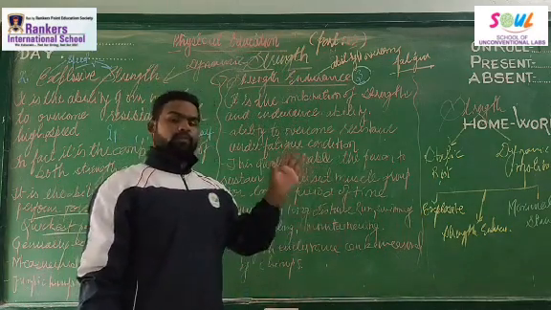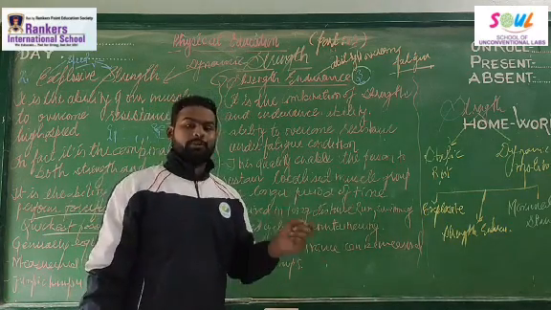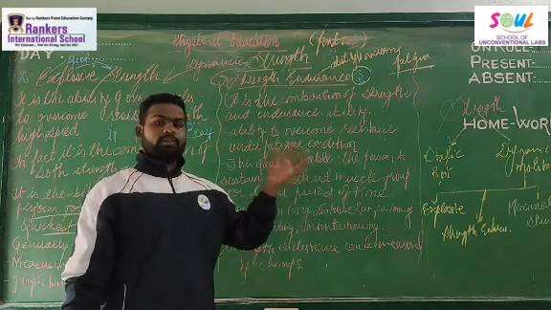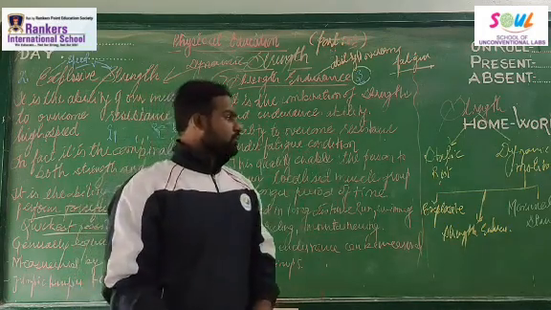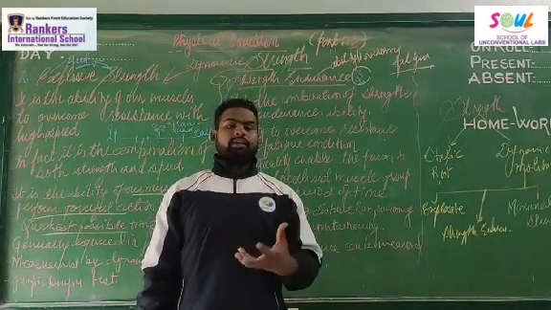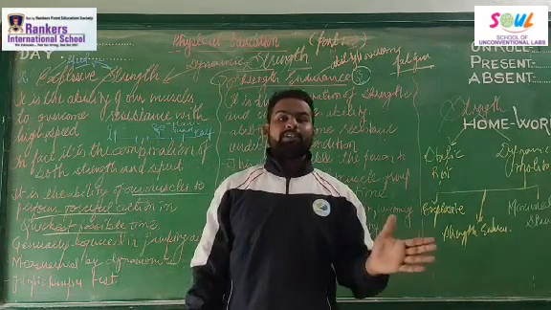There are three types of dynamic strength: explosive strength, a combination of strength as well as speed; strength endurance, a combination of strength as well as endurance, like long distance run; and maximum strength, the maximum amount of force a muscle can exert. I hope you understand the concept.